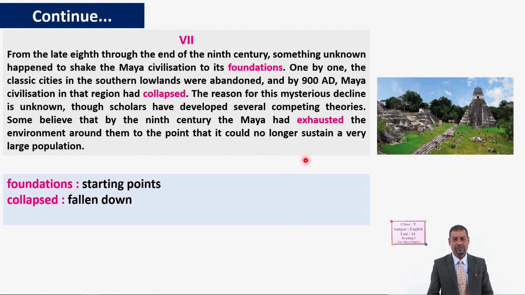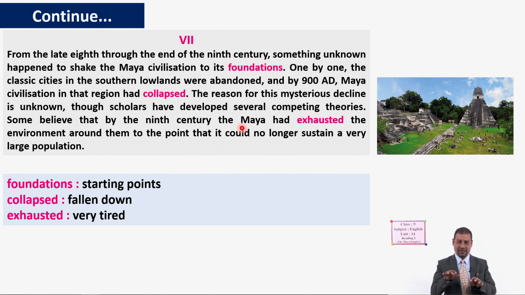So another word we have is exhausted. Exhausted. So what does it mean? Okay, without any delay, I want to show you the meaning of this word, very tired. Okay, Maya had exhausted the environment around them. Simple word. Okay, in the context, you can find a slightly different meaning.